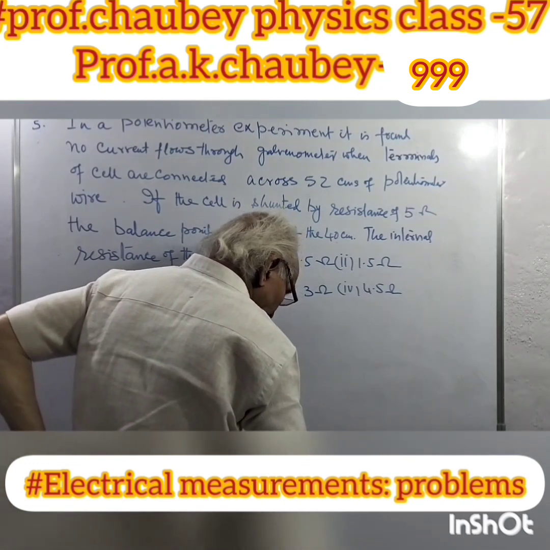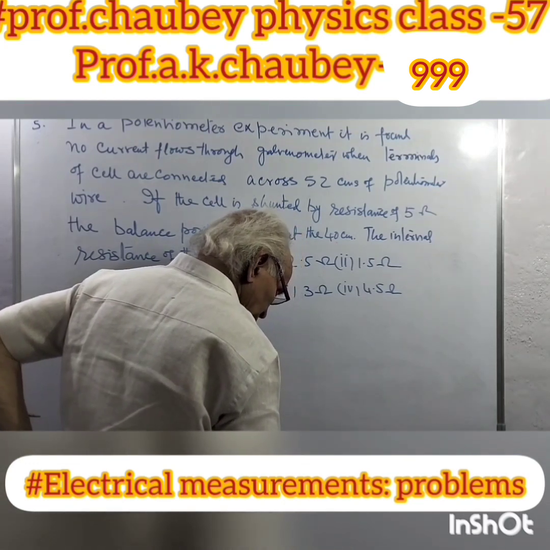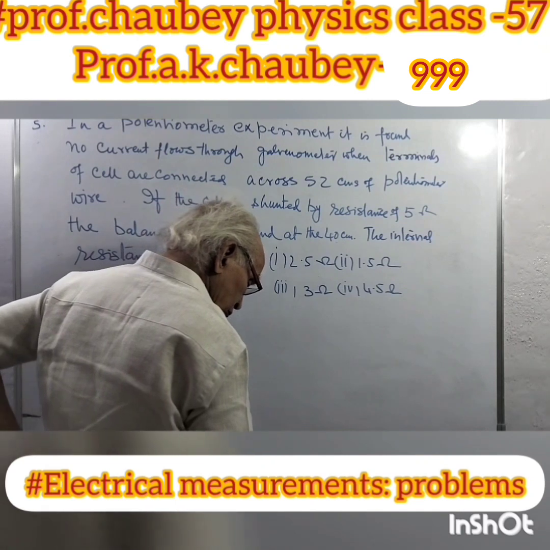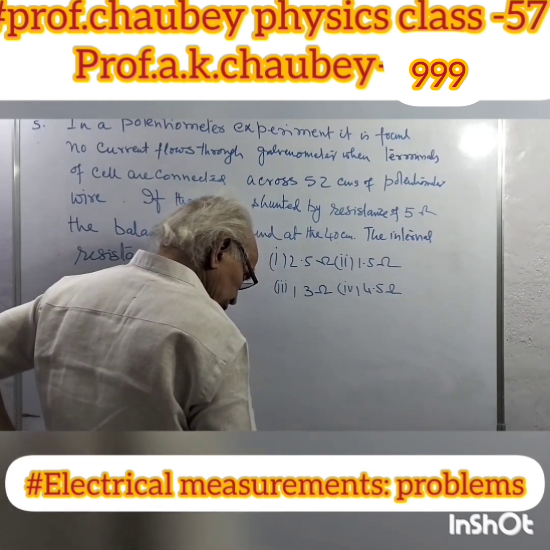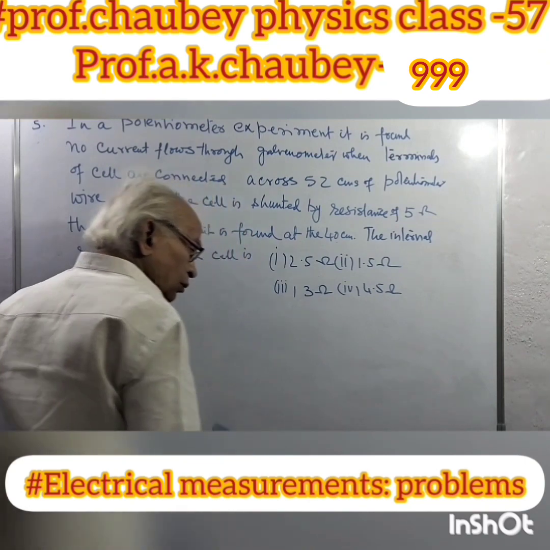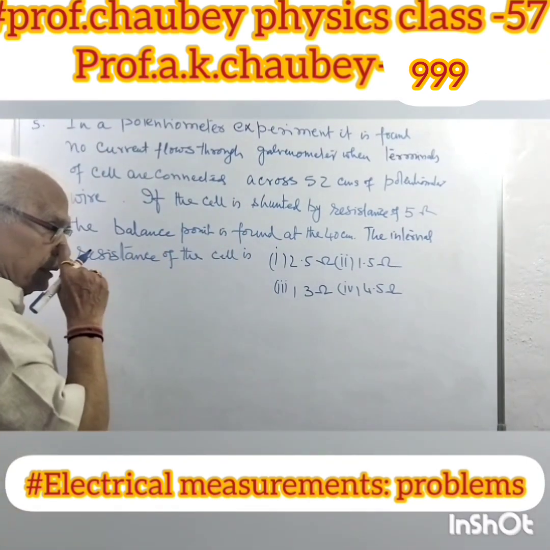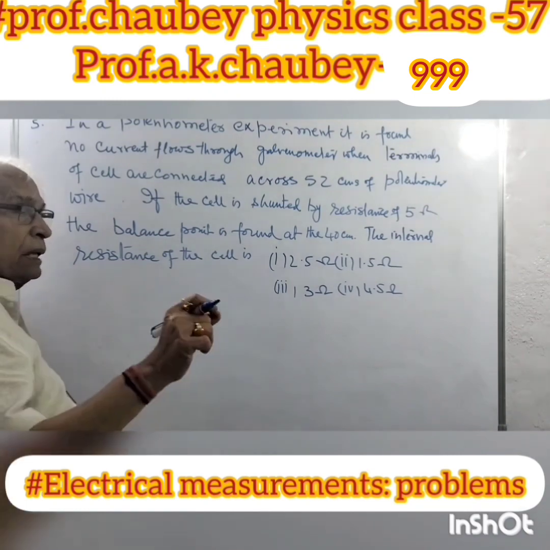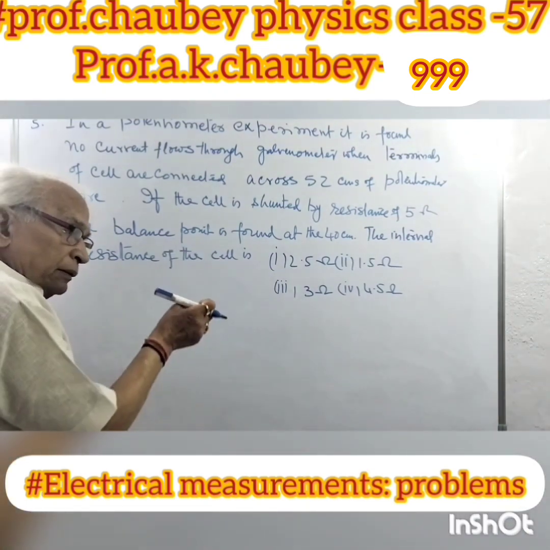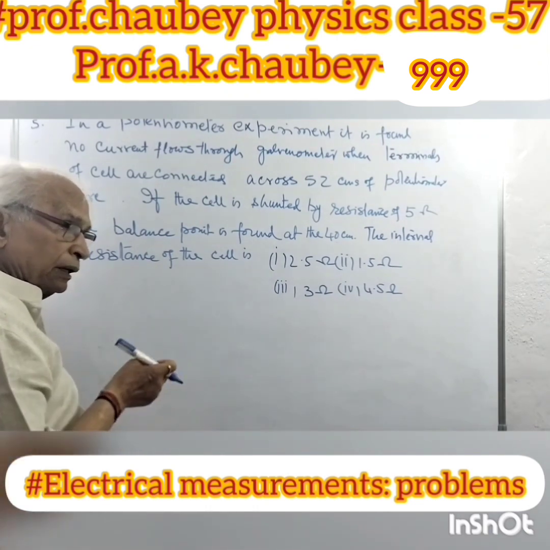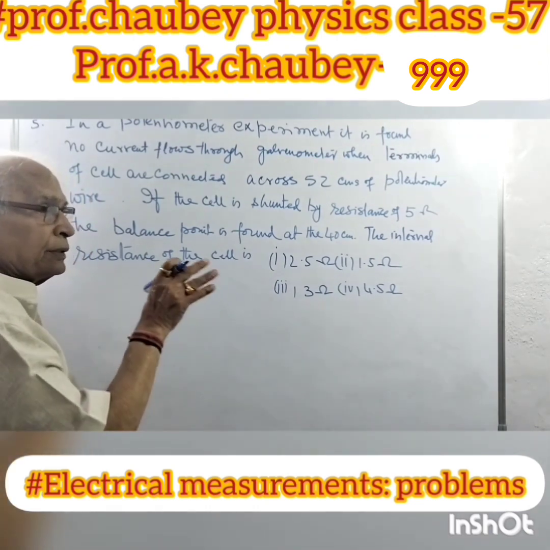So you have to find out the internal resistance of the cell. First we compare the EMF of the cell directly, that we get EMF. Then we shunt the resistance so some current flows through that and we measure the potential.